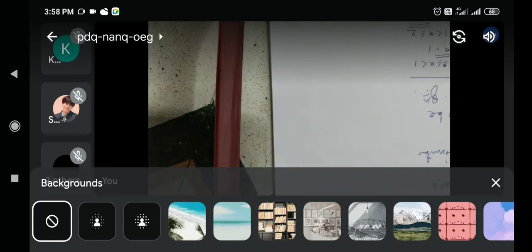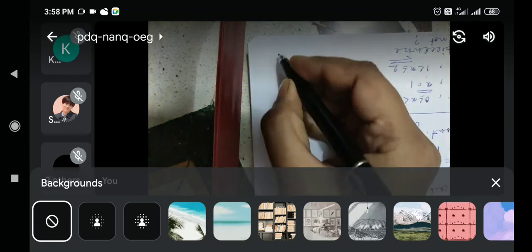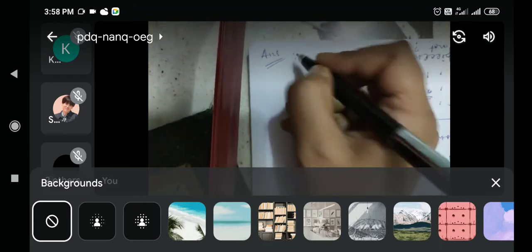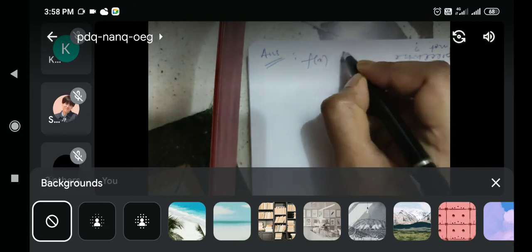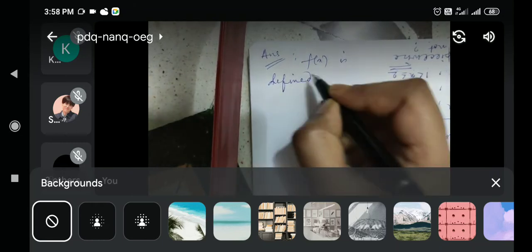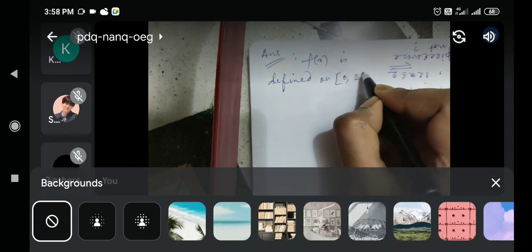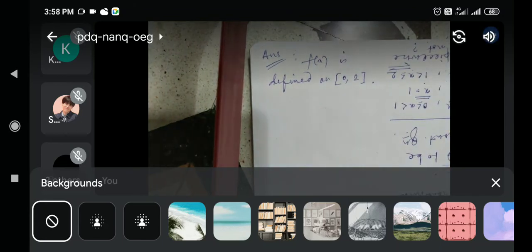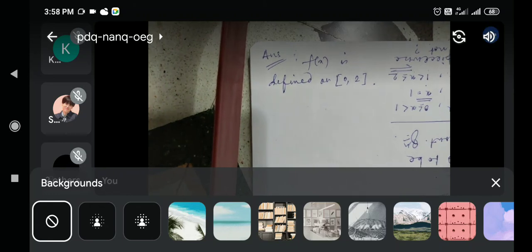So in the next line we are writing, defined on [0, 2]. Now moving to the first condition, that is, f of x should be continuous on the open interval (0, 2) except for some finite number of points of discontinuity. Now can you tell me, from the given definition of f of x, what could be the point of discontinuity?